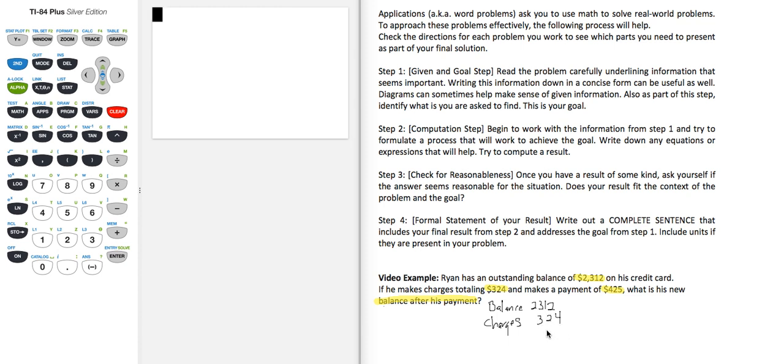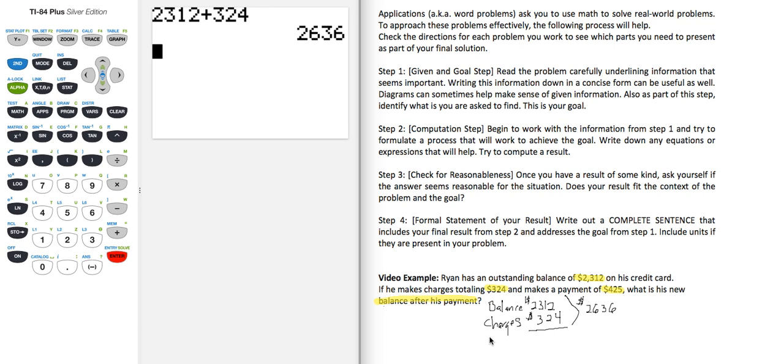$324. And so if we add those together using our calculator, 2,312 plus 324, we get a total of 2,636, and these are monetary amounts, so we'll put a dollar symbol.